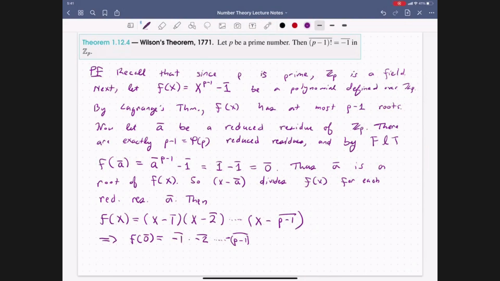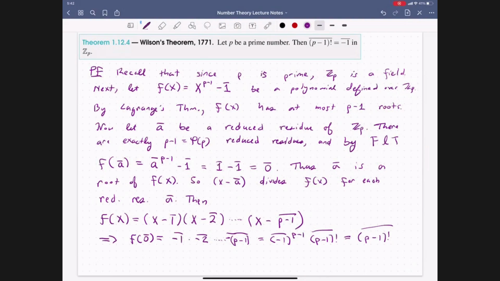So we can factor this out as negative 1 bar to the p minus 1 times p minus 1 factorial, that congruence class. By Fermat's little theorem, we know that negative 1 to the p minus 1 is just 1. So if we evaluate at 0 bar, we get back p minus 1 quantity factorial.